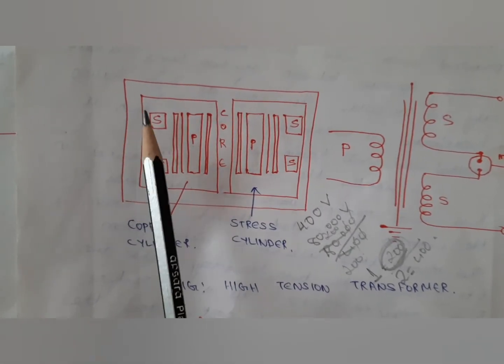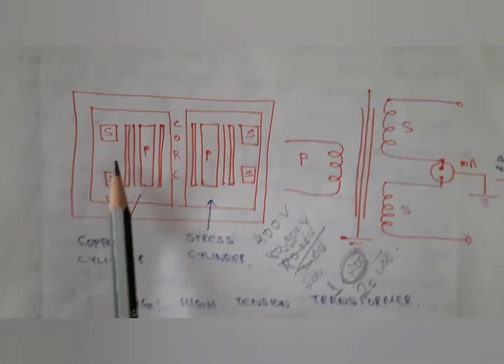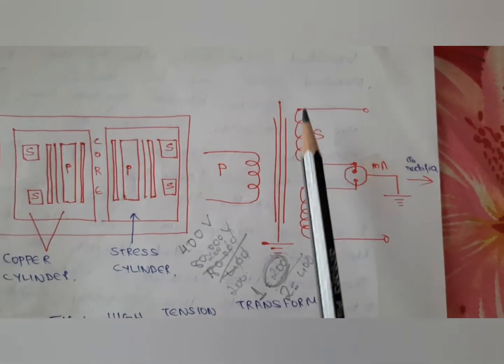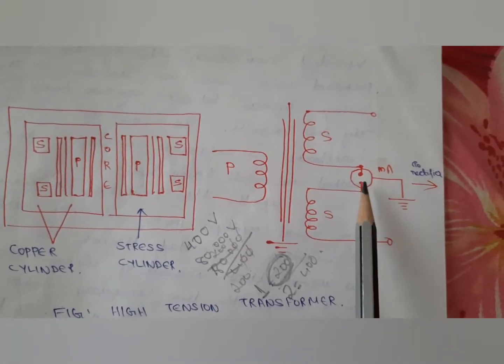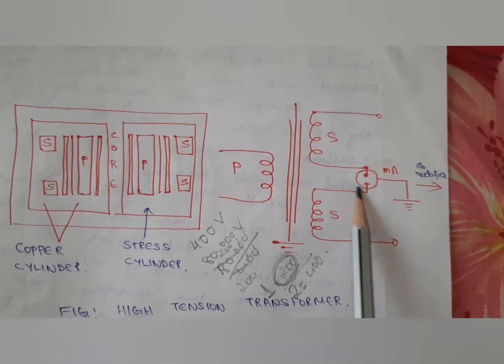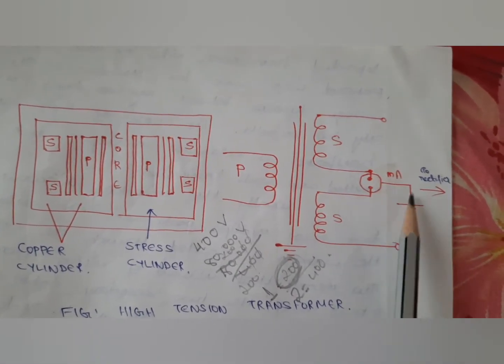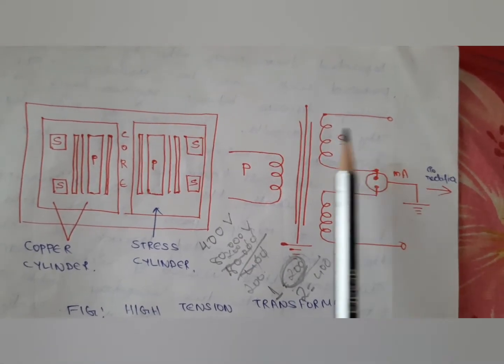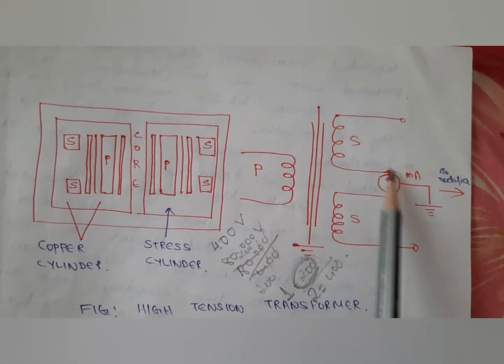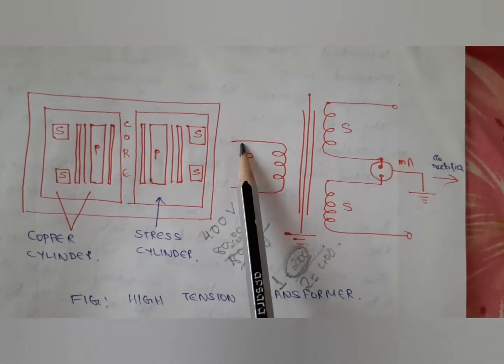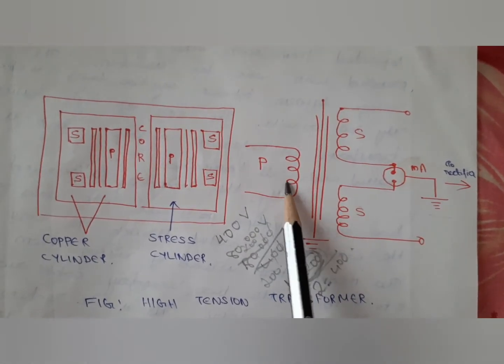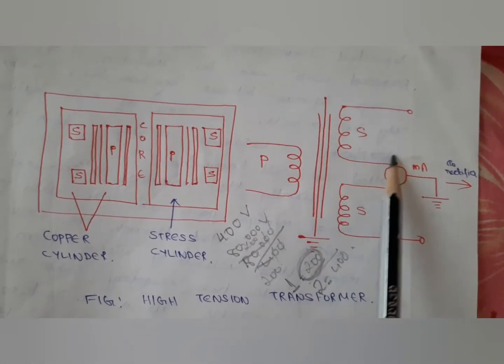Now here, as I said, we have two secondary coils. Each of the secondary coils is connected to an ammeter which will be earthed. So this is the circuit diagram for a high tension transformer. A high tension transformer has a single primary coil and two secondary coils.